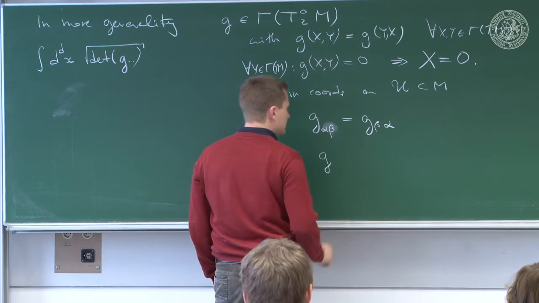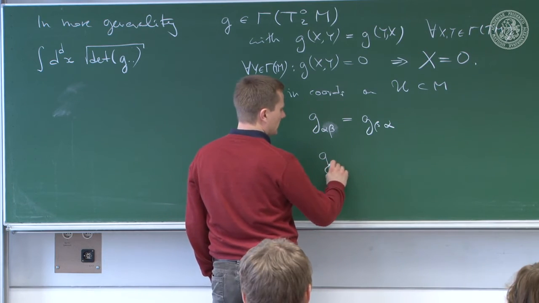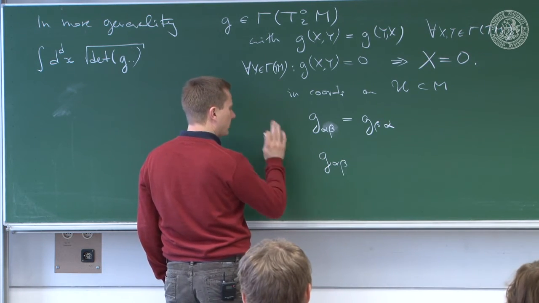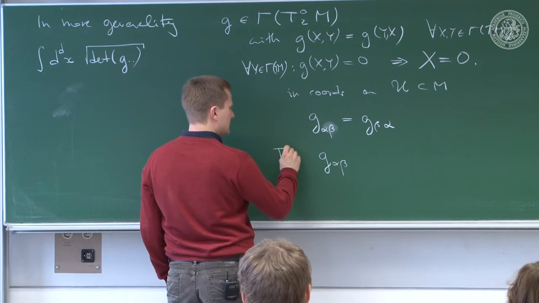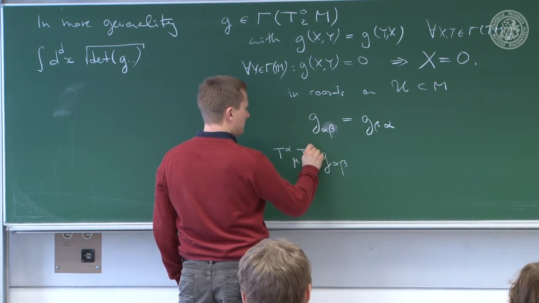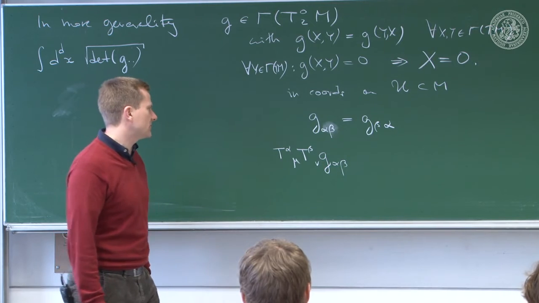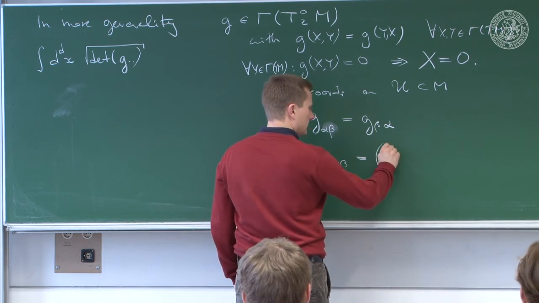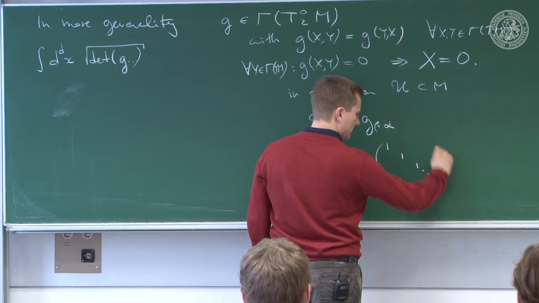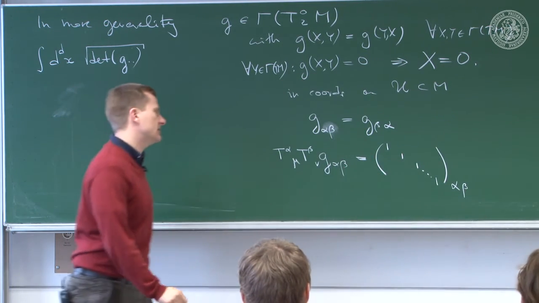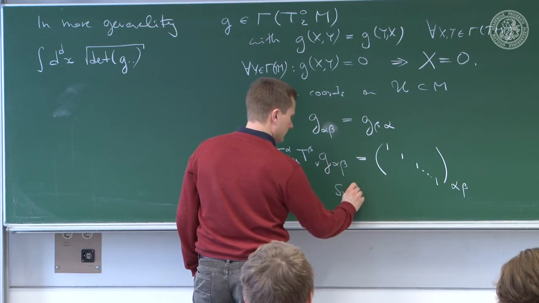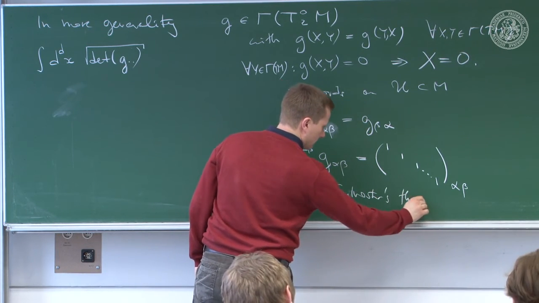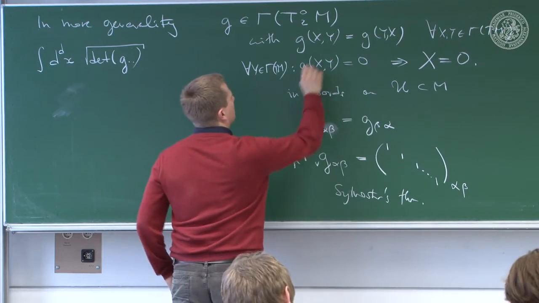So that means there exists a transformation at each point, a frame at each point, such that the coordinate transformation brings it to this matrix, and that's Sylvester's theorem. And that these are all positive comes from here.